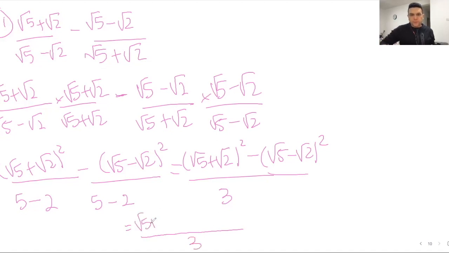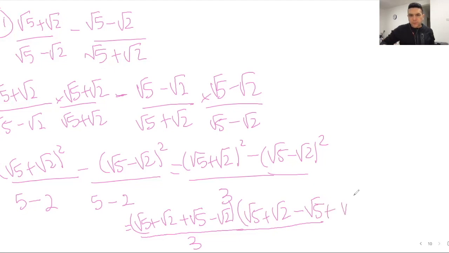Square root of 5 plus the square root of 2 minus, I'm going to do plus first, plus this right here. All right, this times square root of 5 plus the square root of 2 minus this, so it'll be negative square root of 5 plus square root of 2.